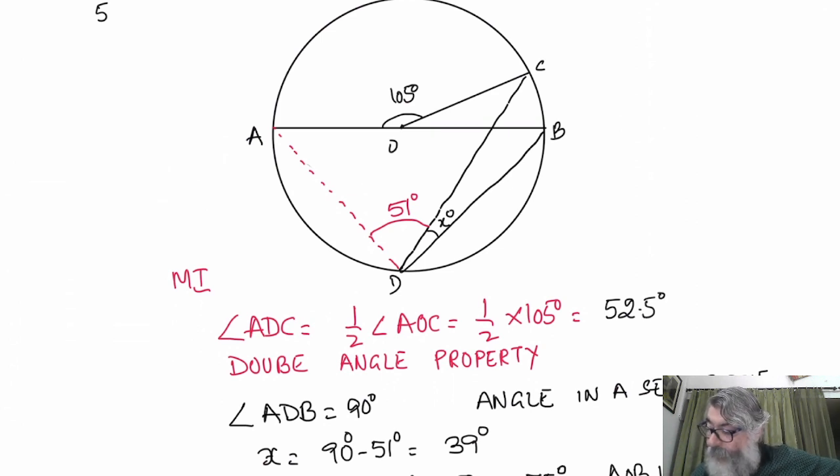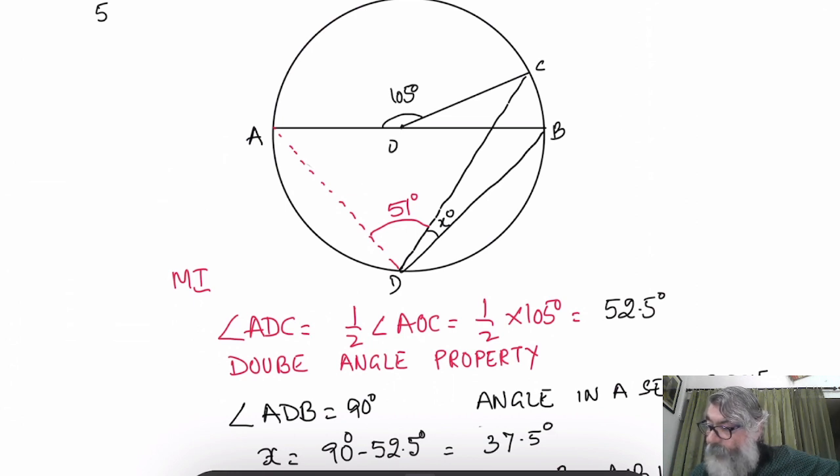And then 52.5 degree will be subtracted here. Yes, it's okay. It will be 37.5 degree.